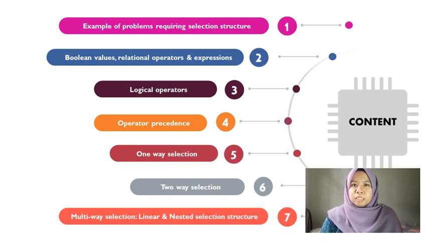First, I will show you an example of a problem that requires us to use the selection structure instead of other structures. Next, we look at Boolean values, relational operators, and expressions. Then we move to logical operators, operator precedence, and the three types of selection structure: one-way selection, two-way selection, and multi-way selection.